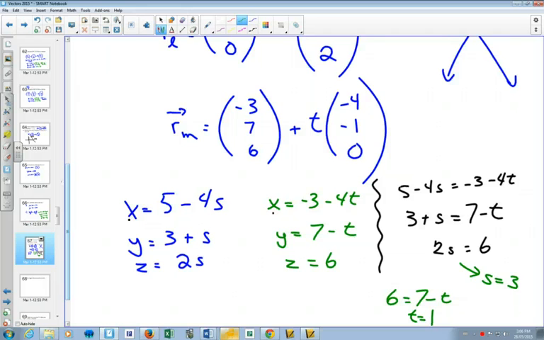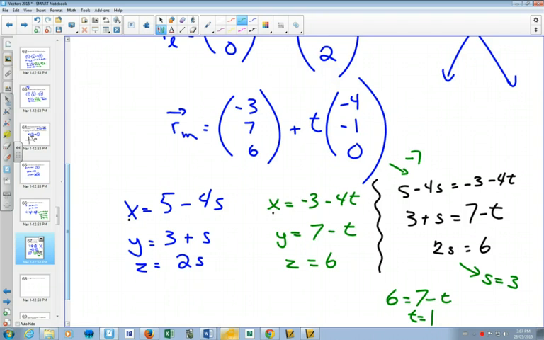And just to make sure that it works, and this is important, because if we don't plug that s value and that t value back into the first equation and find out that it works, it actually means those lines don't intersect, which is more likely. 2 lines in 3 dimensions more likely don't intersect than they would intersect. So if I plug in 3 for s into my first equation here, on this side I'm going to get -7.